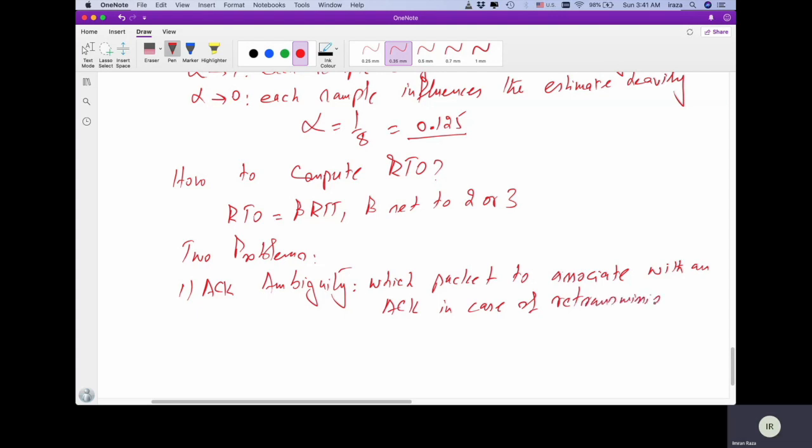We really need to decide which packet will be associated with an acknowledgement in case of retransmission. And the second problem in calculating RTO in such a way is that the round trip times spread is too wide.